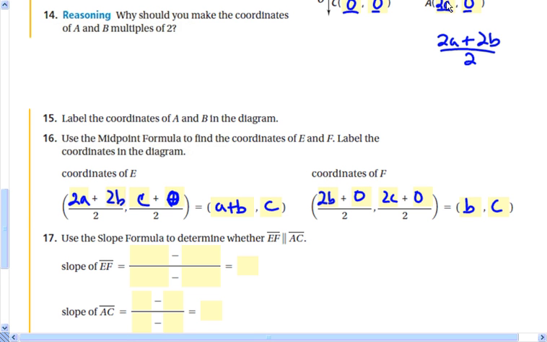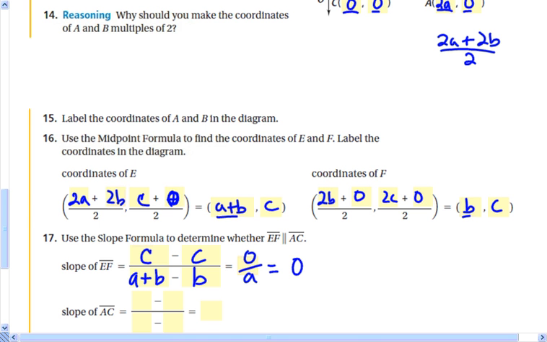All right, so now we're going to use the slope formula to figure out whether or not those two lines are parallel. We need those lines to be parallel for that to be a mid-segment. So using the slope formula, EF, those are my x-coordinates, so that's going to go on the bottom, a plus b minus b. And my y-coordinates, c minus c, are going to go on top. And that's equal to 0 over a, which of course is equal to 0.